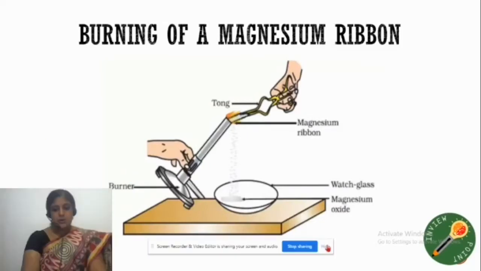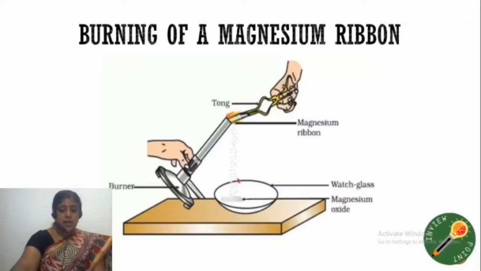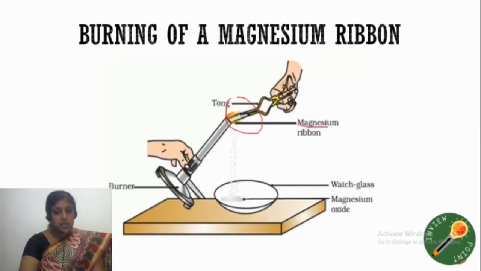Okay, students. Now let's discuss an example for chemical reaction. Take a magnesium ribbon and burn it using a burner or a spirit lamp. When you burn it, the magnesium ribbon will turn into ash, right? So collect that ash in a watch glass. Then what do you observe? You observe that this magnesium reacts with oxygen in the air.